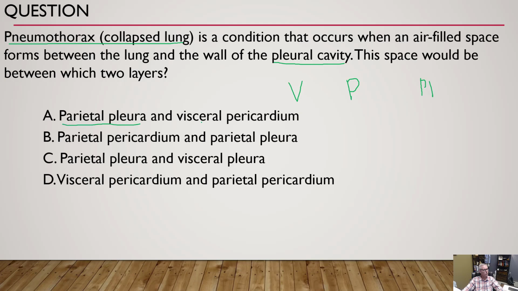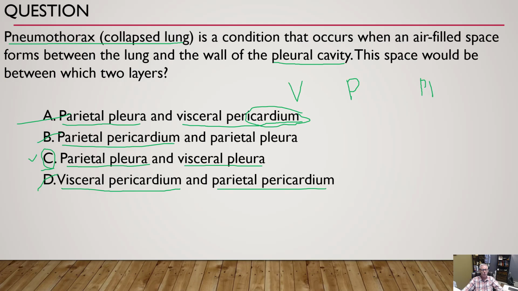So parietal pleura and visceral pericardium. Well, that's the heart, so let's get rid of A. Parietal pericardium. Oh, no, that's the heart. Parietal pleura and visceral pleura. So far that's good. Visceral pericardium, nope, that's going to be the heart. And parietal pericardium, that's going to be the heart as well. So answer C is going to be our choice.